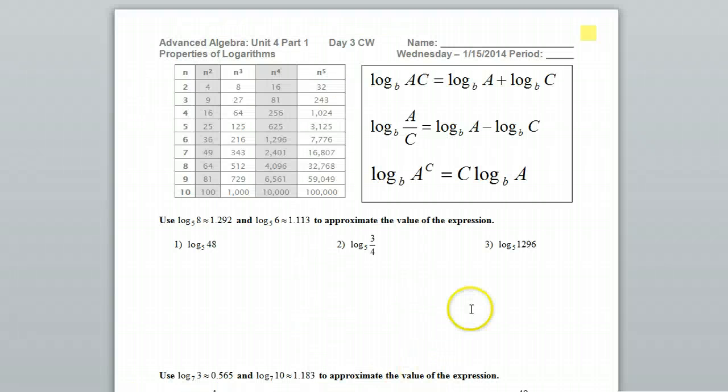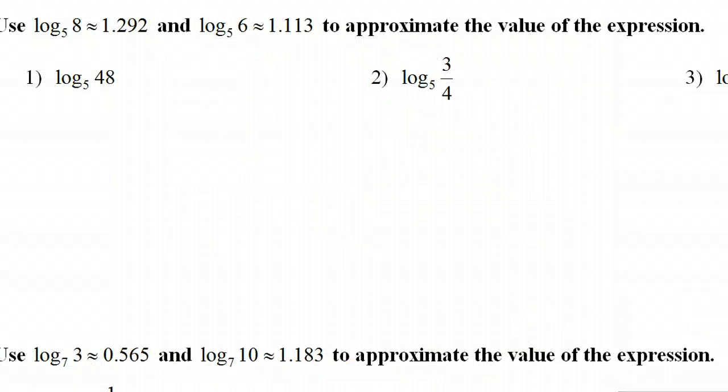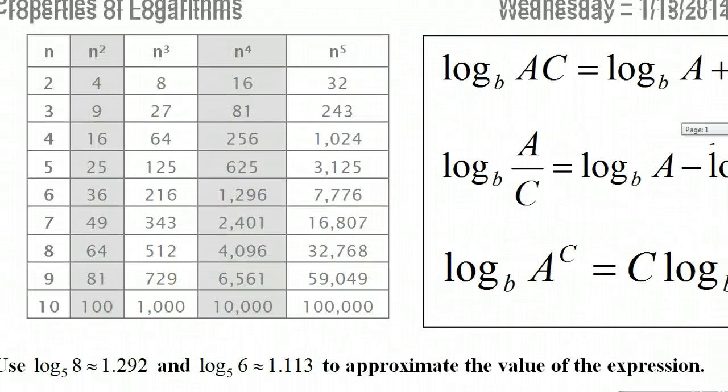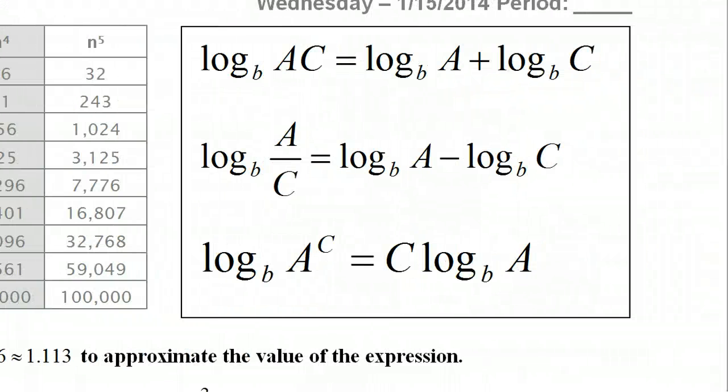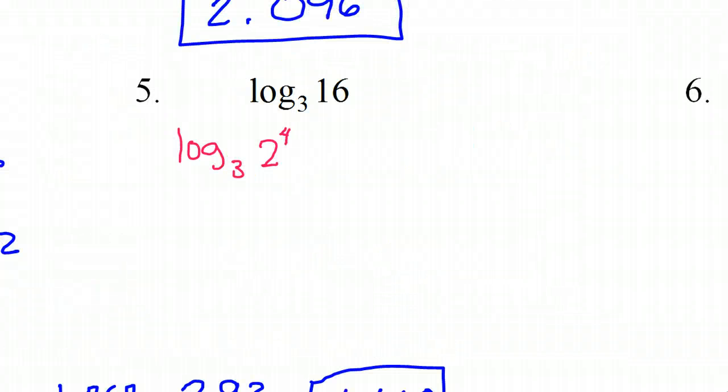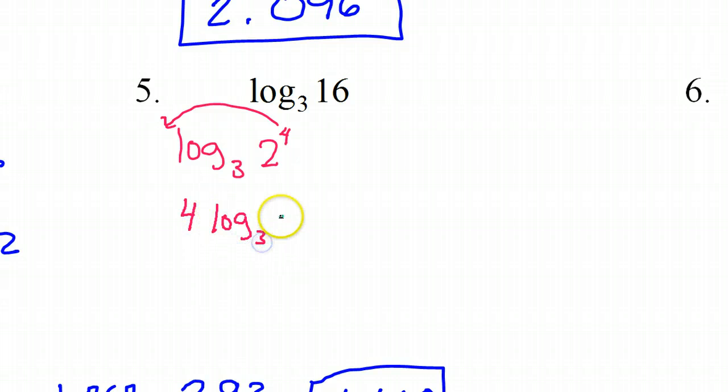And then I'm remembering the third rule, the one where an exponent can come out in the front. So if I do that next, I win. If I take this 4 and put it out front, then all of a sudden I have 4 times log base 3 of 2.